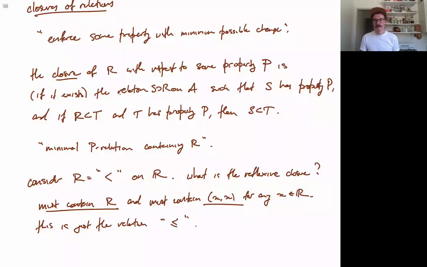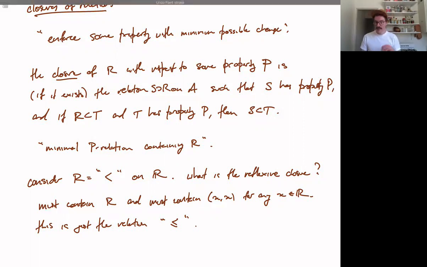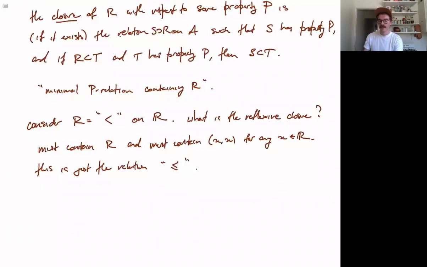That's what this is saying. So taking the reflexive closure in this case just changes less than to less than or equal to. And reflexive closure in general does basically the same thing. It changes some relation into related or equal to.